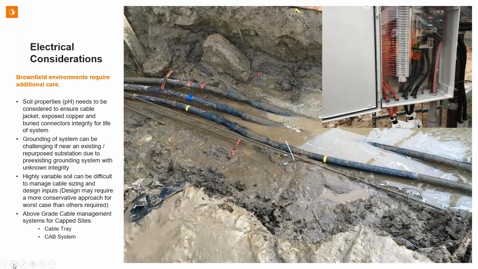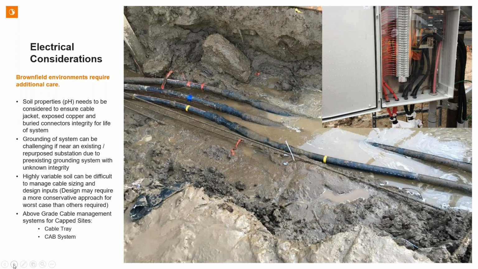Some of the electrical considerations should also be noted. Soil pH can significantly damage or corrode or reduce the life of your cabling system, so you have to consider that. Grounding of your system near an existing repurposed substation can be difficult because of the unknown integrity of the existing system, so more detailed electrical studies and analysis may be necessary.